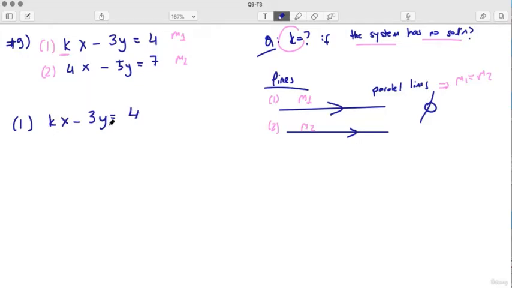I'm going to subtract kx from both sides. I have 4 on the right side. Now my goal is to leave y alone on one side, because I'm trying to put these into the slope-intercept format, where we have the slope and the y-intercept. This is the form I'm trying to convert these equations to, from their standard form.